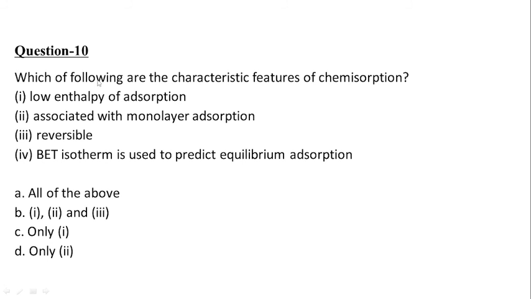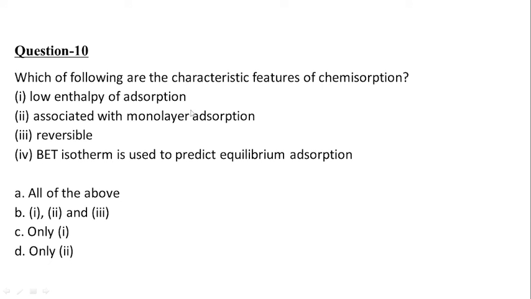Which of the following are the characteristic features of chemisorption? 1, low enthalpy of adsorption. 2, associated with monolayer adsorption. 3, reversible. 4, BET isotherm is used to predict equilibrium adsorption. So we are asked to find the characteristic features of chemisorption.